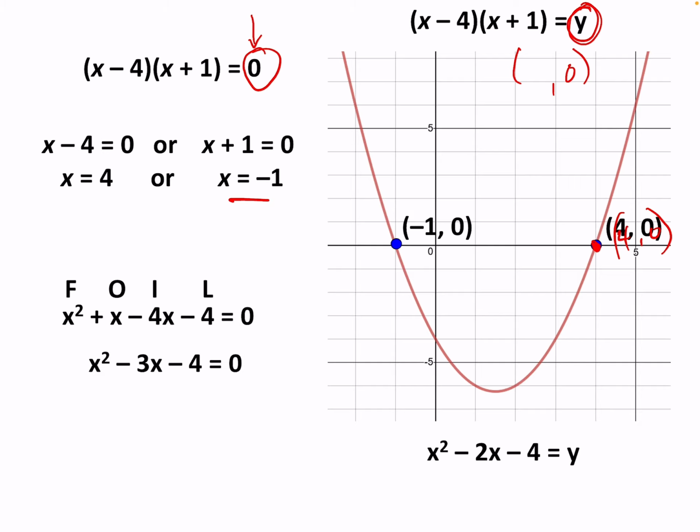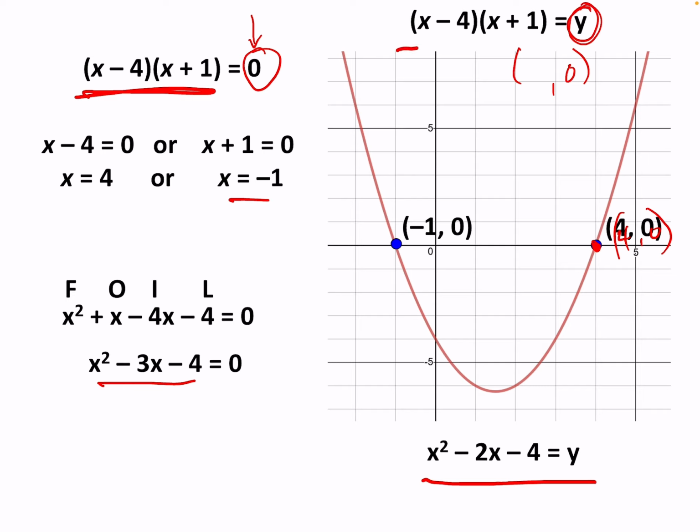If I take FOIL and multiply those two quantities out, I get this, x squared minus 3x minus 4. The equation for this curved line, which is called a parabola, is that. And that's how you would put it in a graphing calculator.